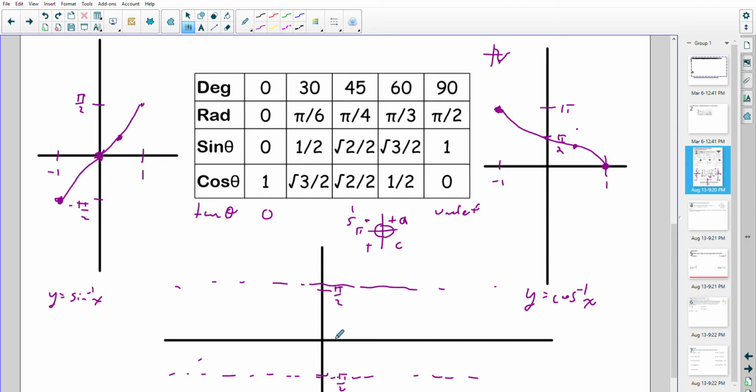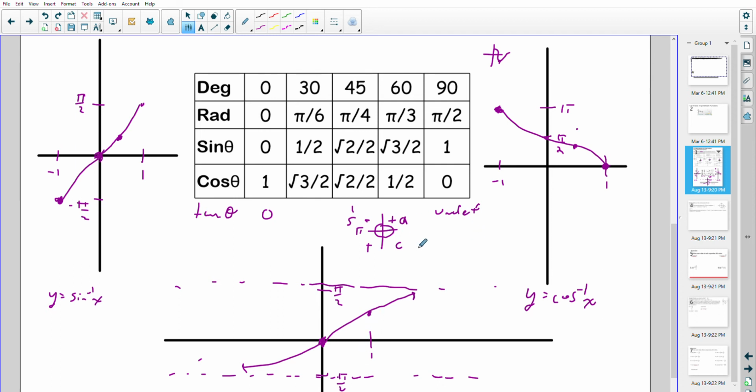Still, the point 0, 0 is part of this. And if I looked at pi over 4, it's 1. So that means at 1, it's pi over 4. Therefore, from 0 to pi over 2, I now know that this is going to look like this. And if you were to go in the negative direction, in the fourth quadrant, from 0 to negative pi over 2, it would get closer and closer to negative pi over 2, yet not intersect it.